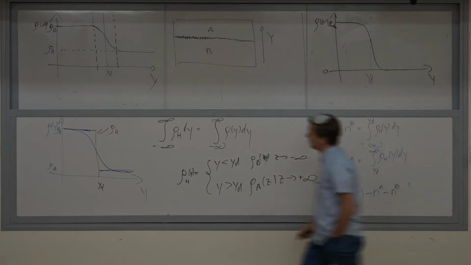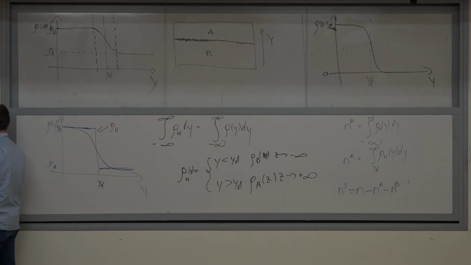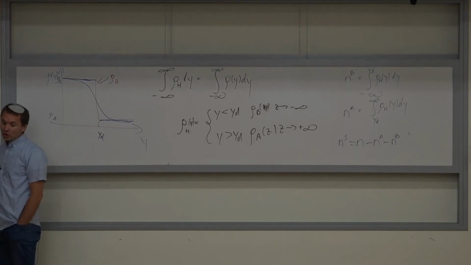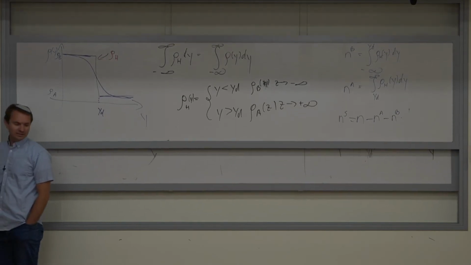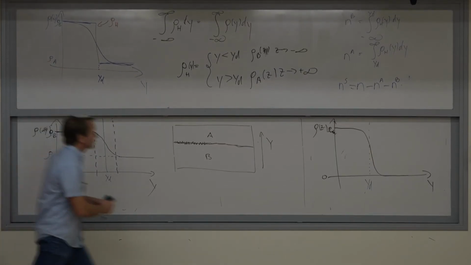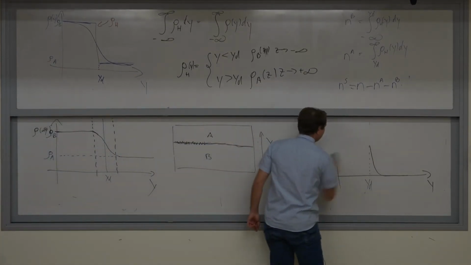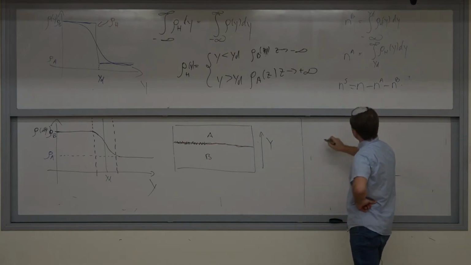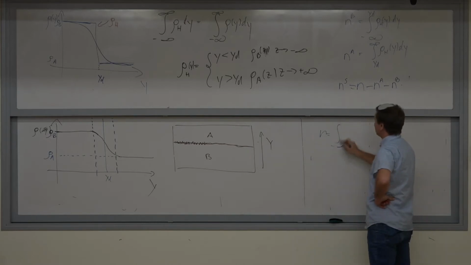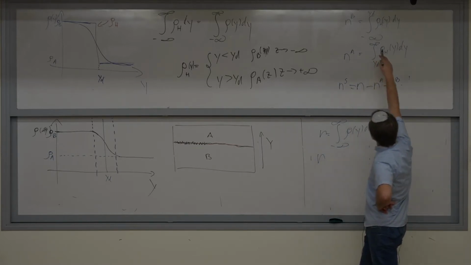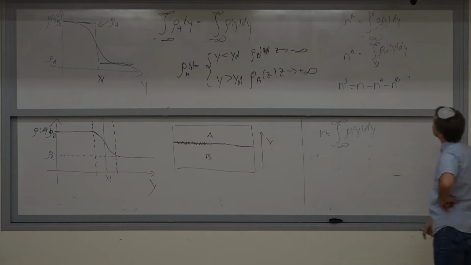Let's write it separately on the board above. So N is just the integral over rho of y dy from minus infinity to infinity. Na, we already know what it is. Nb, we also already know what it is.